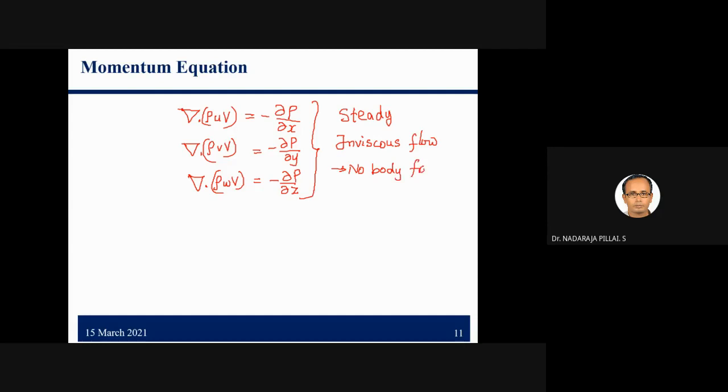That flow is not affected by the body force. So this equation, which does not consider the viscous force, is called the famous Euler equation.